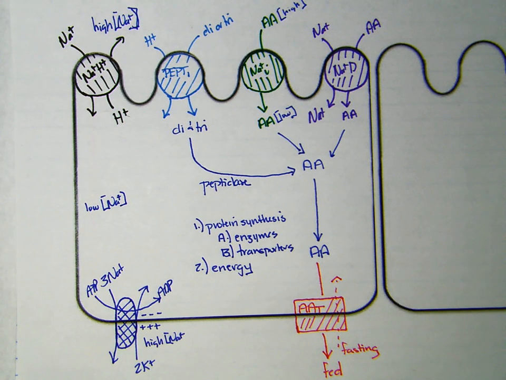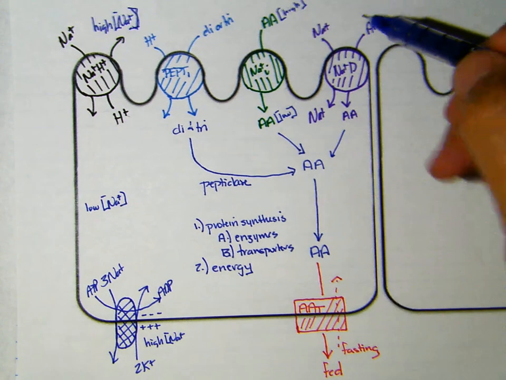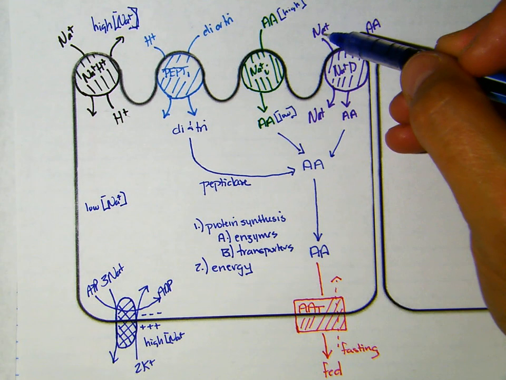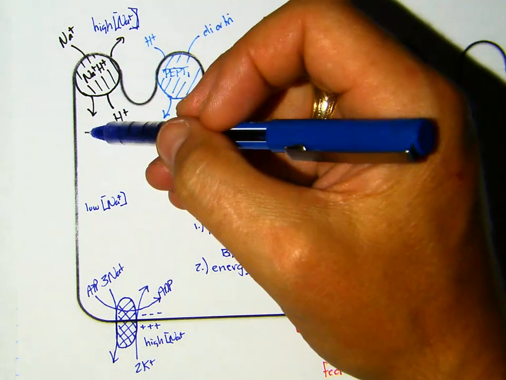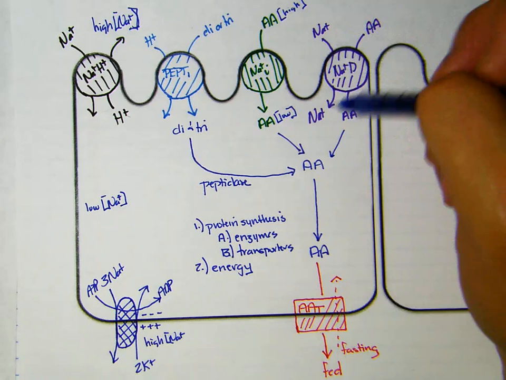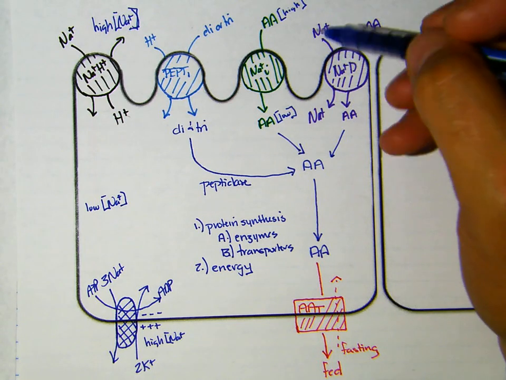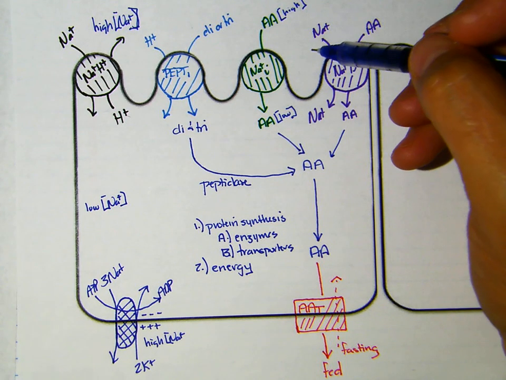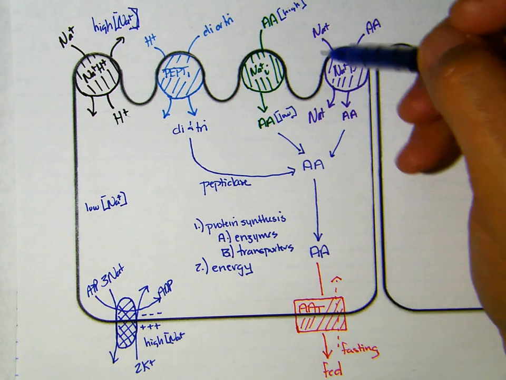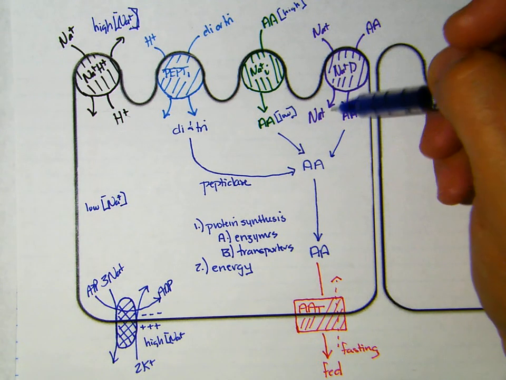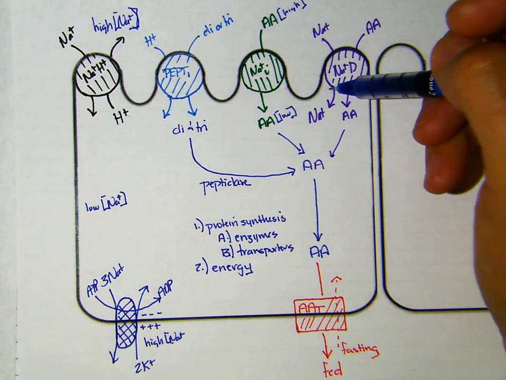Okay, something you guys should prepare to think about is that we're going to be using sodium up here to transport amino acids into the cell, using sodium to transport protons out. So the sodium demand is quite high for the absorption of protein products, amino acids and di and tripeptides. And so that's also going to compete with the sodium use by SGLT1 that we learned about last time.